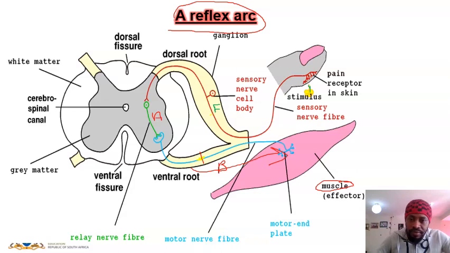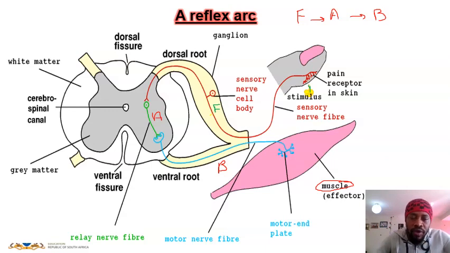Now, again, when we look at the direction of flow of impulses, you could also be asked the question, list out the sequence of flow of impulses through the reflex arc that you have in front of you. It means my correct sequence will be from F. F is the sensory neuron, to A, the connector neuron, to B, and B is my motor neuron.